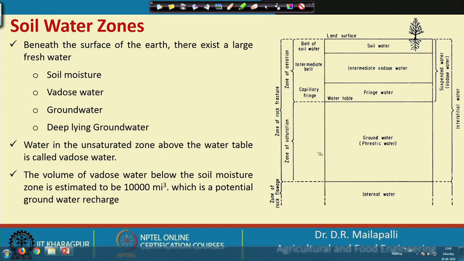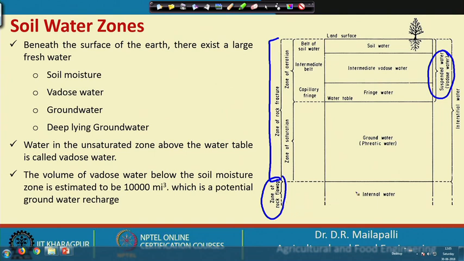The zone of aeration is also called the vadose zone. The vadose zone is the unsaturated zone, which starts from the land surface and extends to the water table. Then there is the zone of rock fracture, where water is available, and the zone of rock flowage.